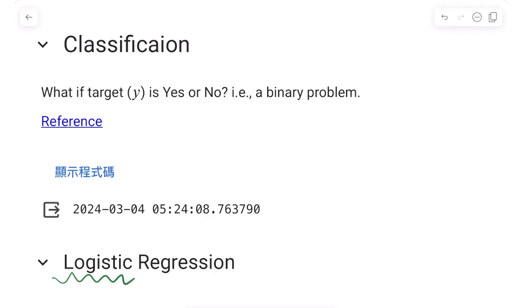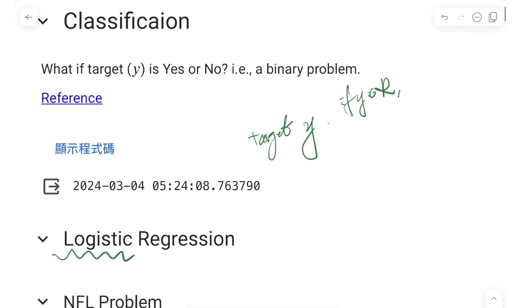The difference between logistic regression and linear regression is that when we talk about the target y, if y is numerical, then we will model such a problem as a regression problem.